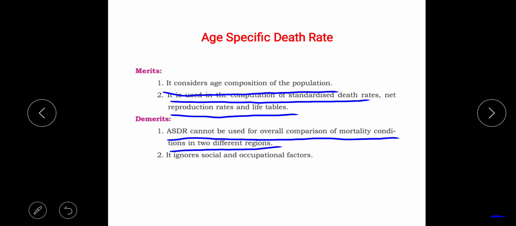And the next one is that it ignores social and occupational factors. Here, social and occupational factors means society, how people live, the lifestyle of the people, what they are doing. When it comes to rural areas, people are more often working in farms and fields.